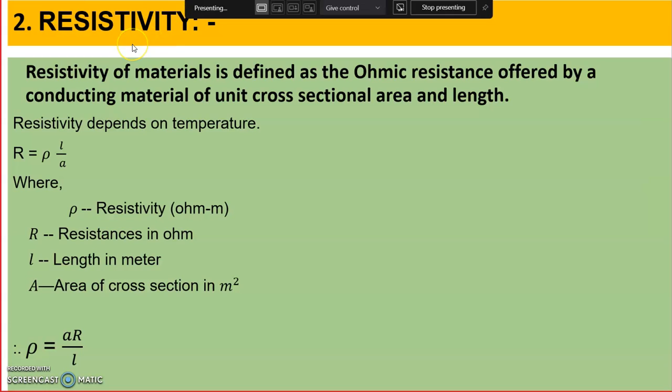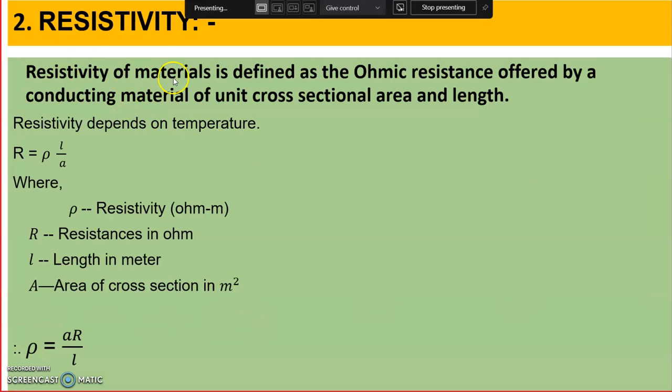And you know, for insulating materials also we have seen resistivity. Conductivity and resistivity are two important properties in our electrical engineering. So what is resistivity? How you can define resistivity? Resistance, you know, you are defining as the opposition to the flow of current.